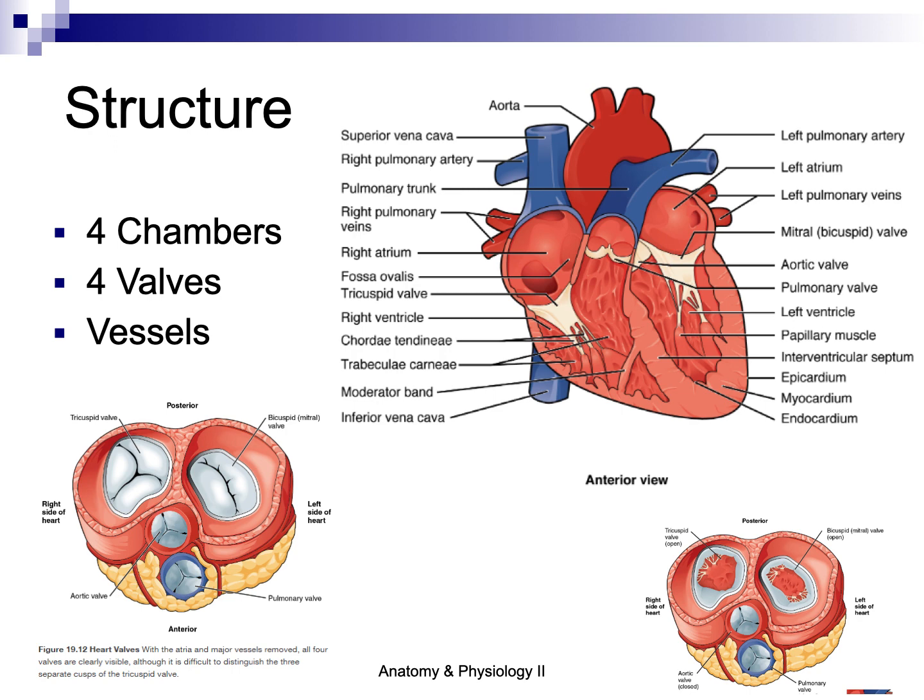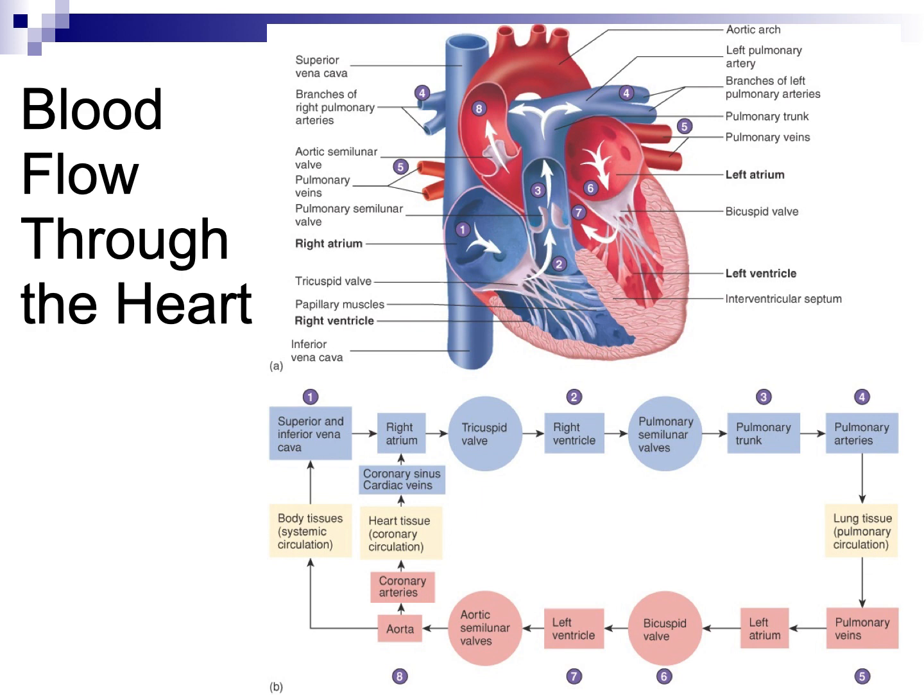Okay, so let's go through the flow of blood through the heart. Blood from the body comes back to the right side of the heart via the superior and inferior vena cava. The box is shown in blue because that blood lacks oxygen and has lots of carbon dioxide.